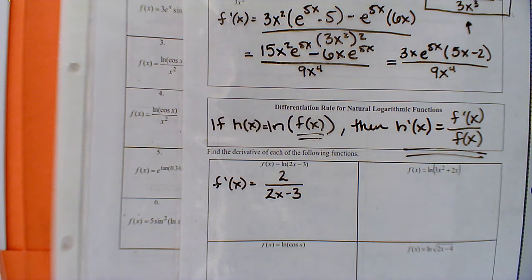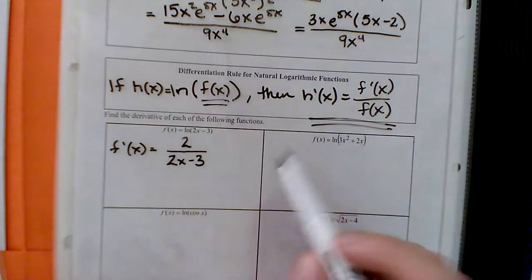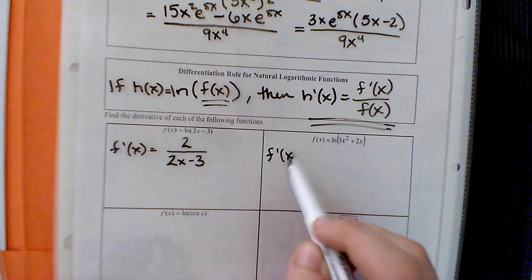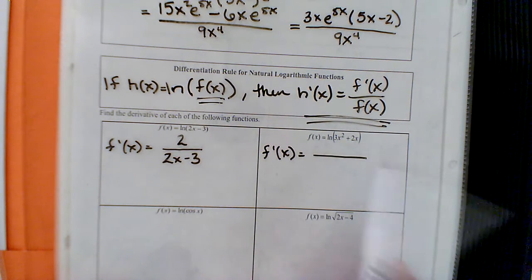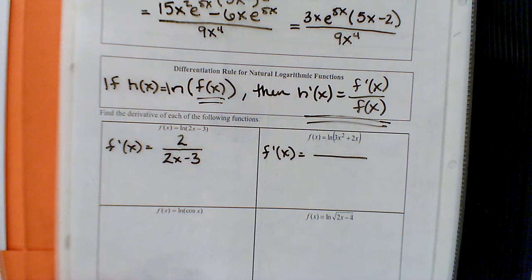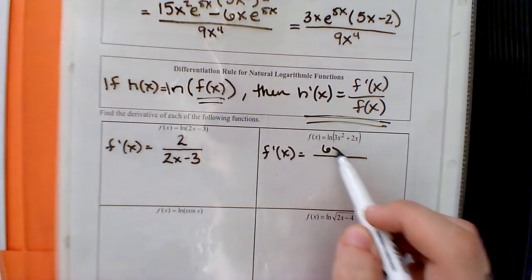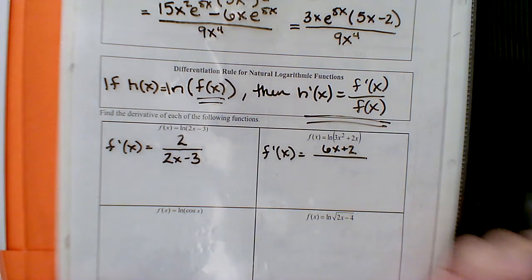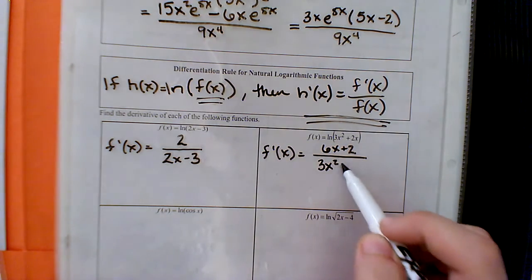Pretty simple shortcut. I think these kind of go hand in hand. They're pretty quick for us to grasp. Let's go ahead and try the next one. The derivative of the natural log is going to be a fraction. We need the derivative of the inside of the natural log up top, whereas just the original inside is in the denominator.